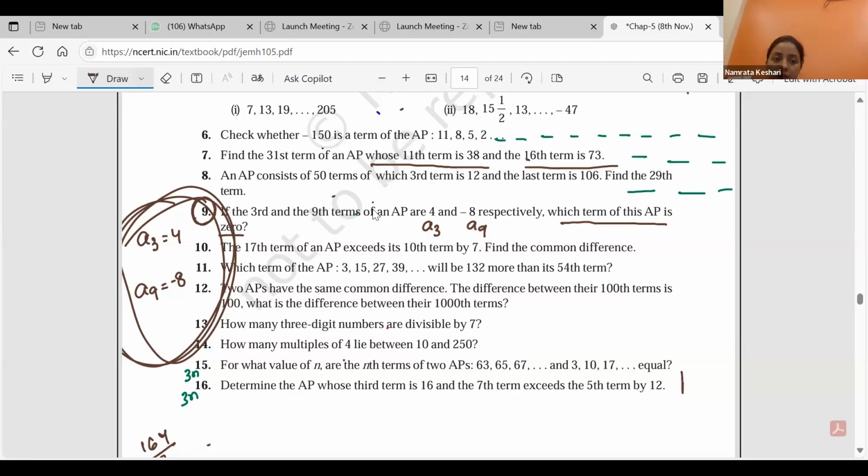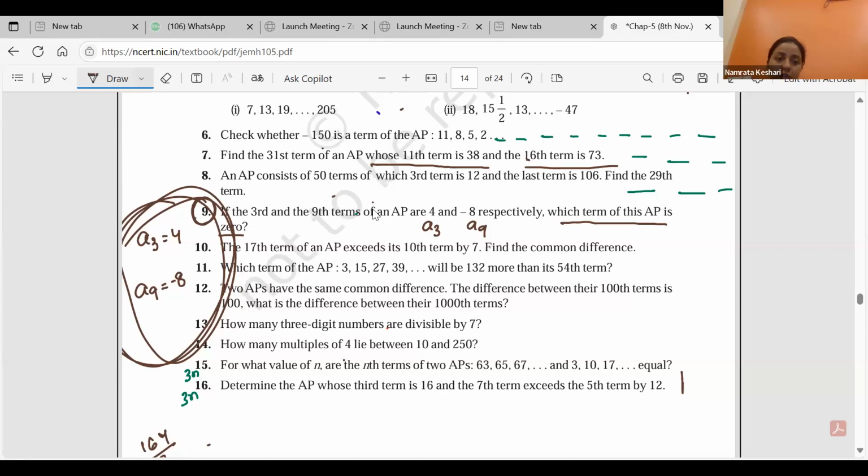What is equation 1? I just made that right now, ma'am. A3 equals A plus bracket 3 minus 1 bracket D equals A plus 2D equals 4.